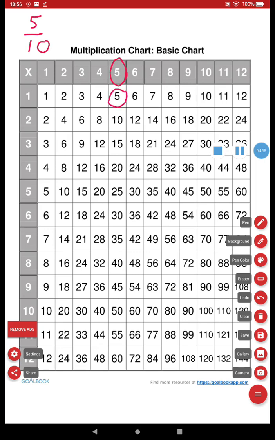There's 5. There's 10. Now I'm going to circle everything in that row until I hit the gray bar. Boom, hit the gray bar. Boom, hit the gray bar. There is a whole row now of equivalent fractions.